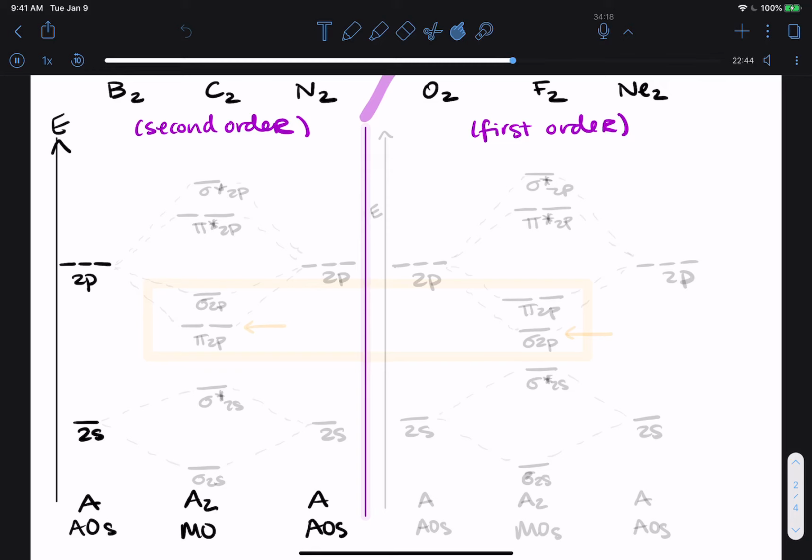So these are homonuclear diatomics. So the atomic orbitals for the other A atom, my 2p's will be at the same energy, and my 2s will be at the same energy. The 2s orbitals come together to make a sigma 2s and a sigma star 2s.